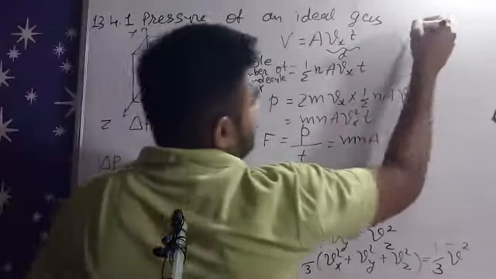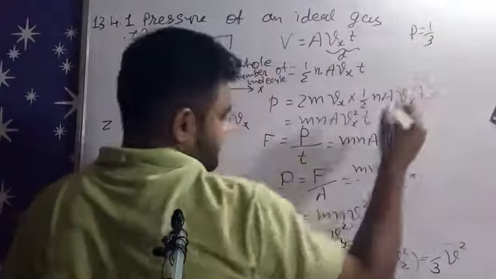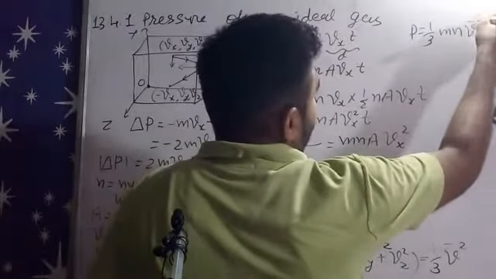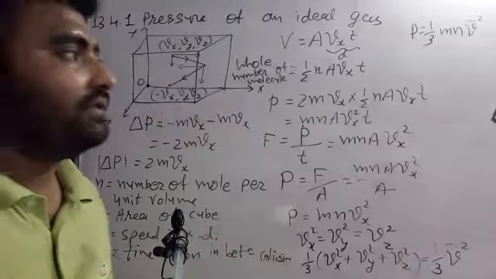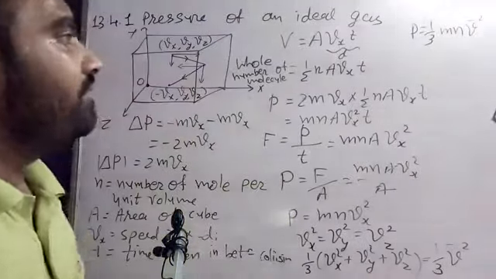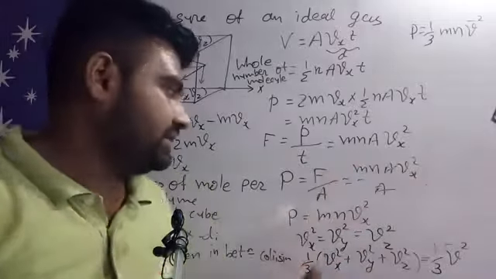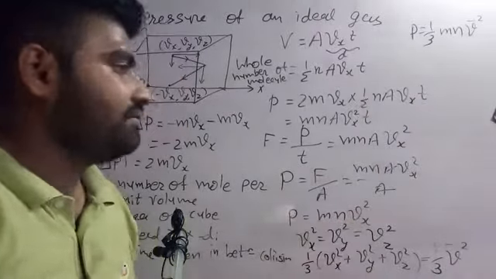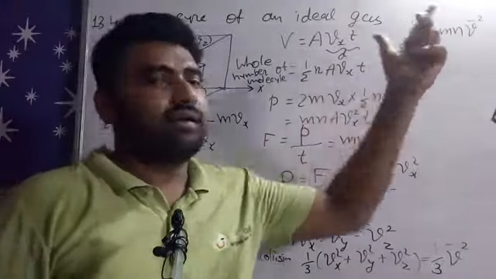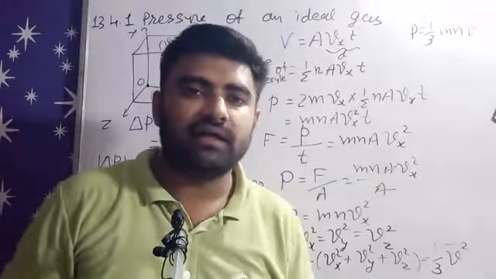By putting these values, we get P is equal to 1 by 3 m n v bar square. So that's our final pressure formula. If we are talking about only one direction, then the earlier formula is correct, but if we are talking about the whole cube, then this is the correct pressure formula, right?